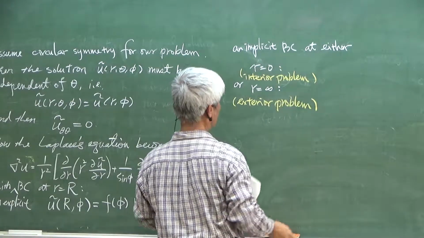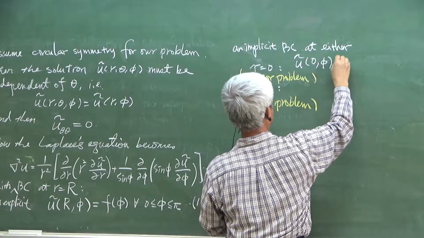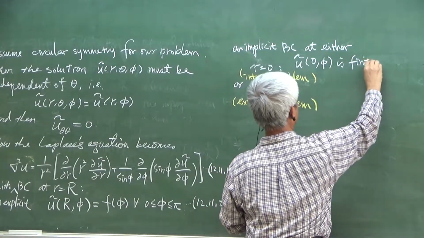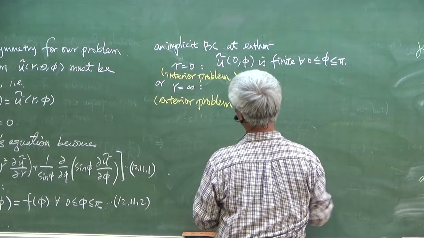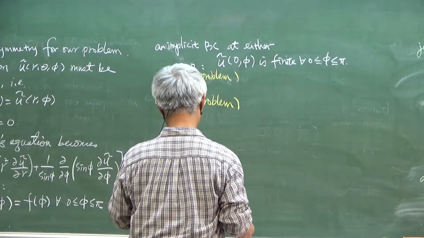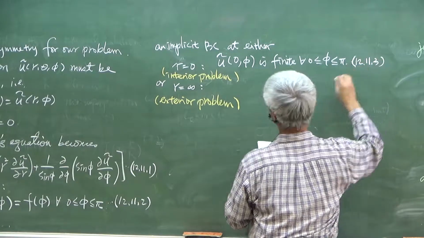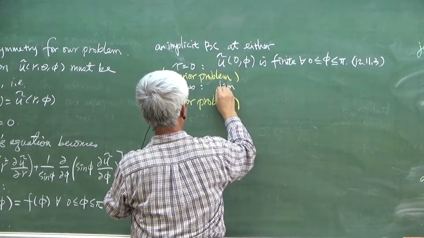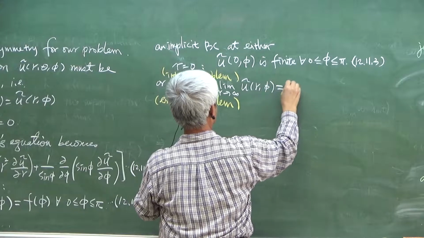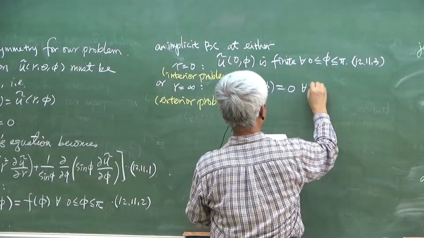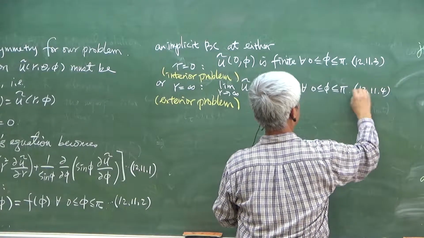At r equal to 0, we will have u is finite. And the limit as r goes to infinity is equal to 0.